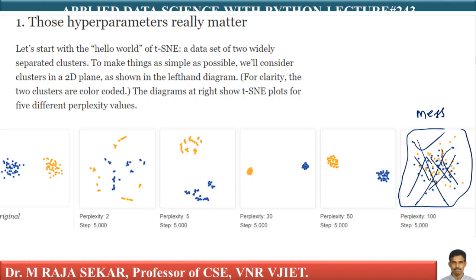So always try to keep your perplexity less than your number of data points. The lesson learned from this is, whenever you run your t-SNE algorithm on a data set, try multiple perplexity values, but never put perplexity equal to the number of data points.